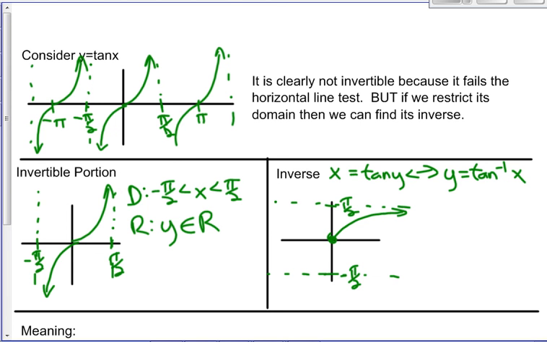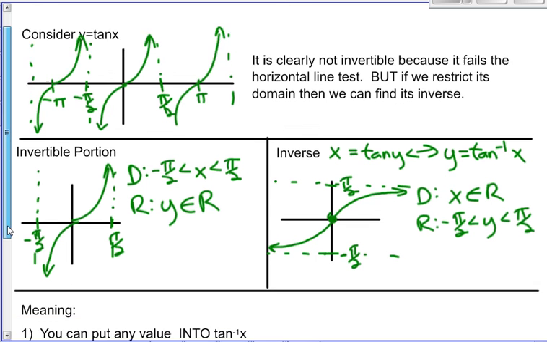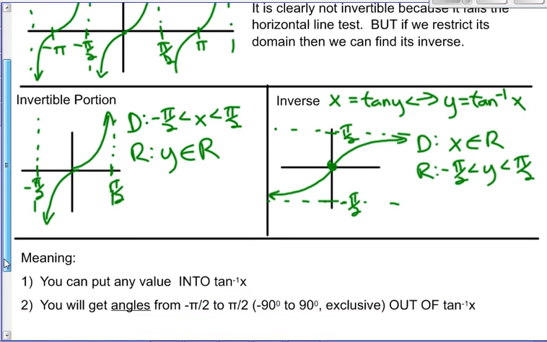And I'm trying to do this with as few individual points as possible. Just the basic shape. Okay, we could find some individual points on the original, but there's the shape we're looking at. And it's enough to tell us that our domain is now all real numbers. And our range is from negative pi over 2 to positive pi over 2, not inclusive. Okay, you can't actually get out pi over 2 or negative pi over 2.